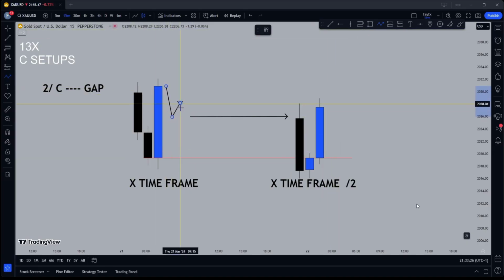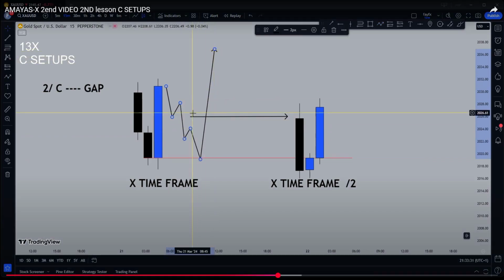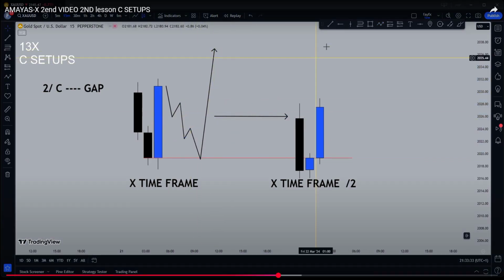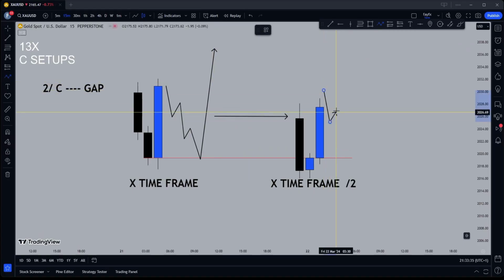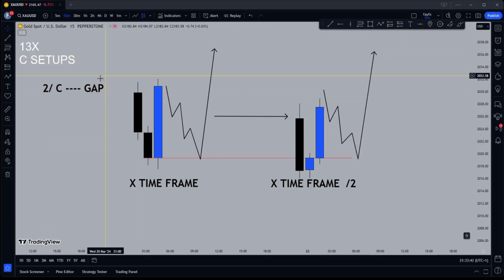Price tends to go down, visit the level, and just rise up. Same thing. This is the second setup. I want you to memorize it.